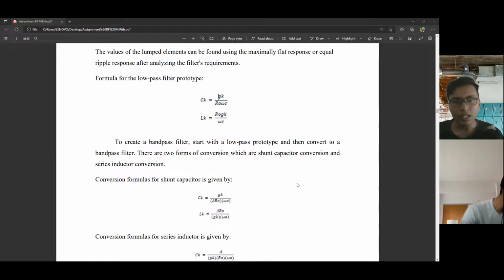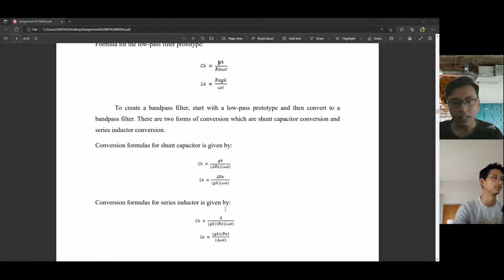Ck equal to Gk over Ro omega C, and Lk equal to Ro Gk divided by omega C. But another one, for the shunt capacitor, Ck equal to Gk divided by delta Ro times omega naught, and Lk equal to delta Ro divided by Gk omega naught.